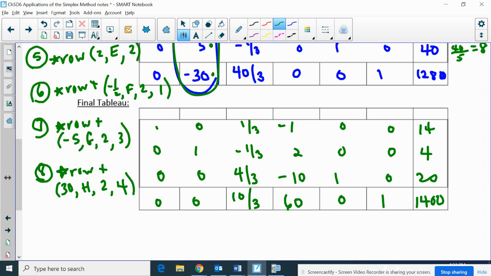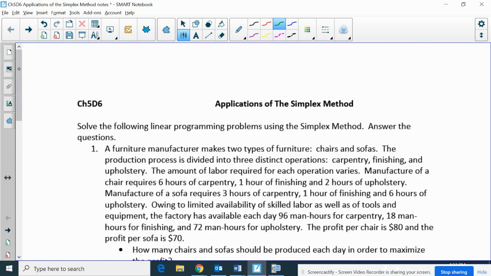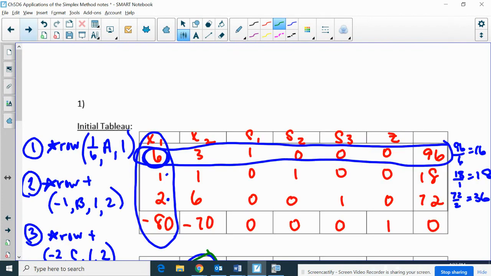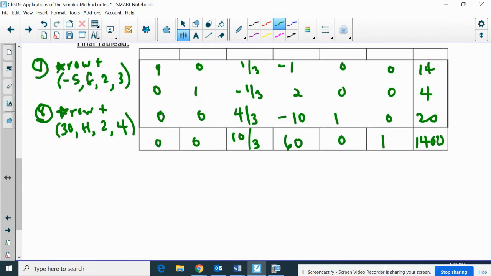Okay, so I'm going to switch back to the first page that I had, because now I need to take this and interpret what my variables are. So right here, this first column, I have a 1 and all 0, so that means I've solved for x sub 1. X sub 1 is 14. Scroll down here, variables, x sub 1 equals 14. If I go back, x sub 2, we solved for that, x sub 2 is 4.